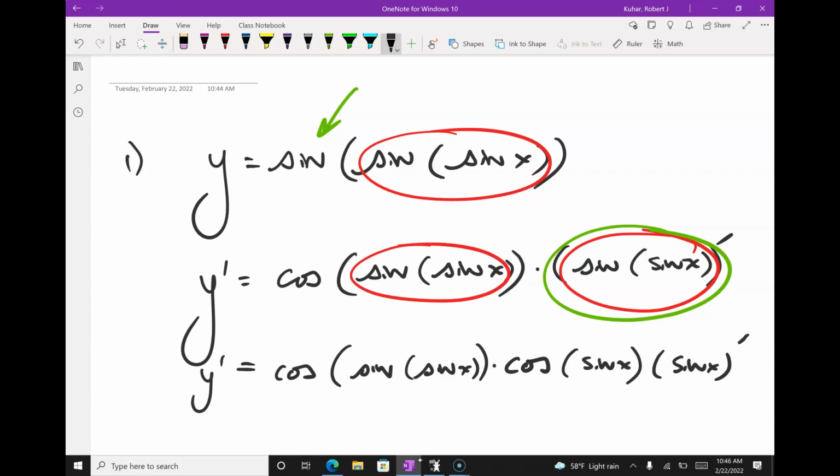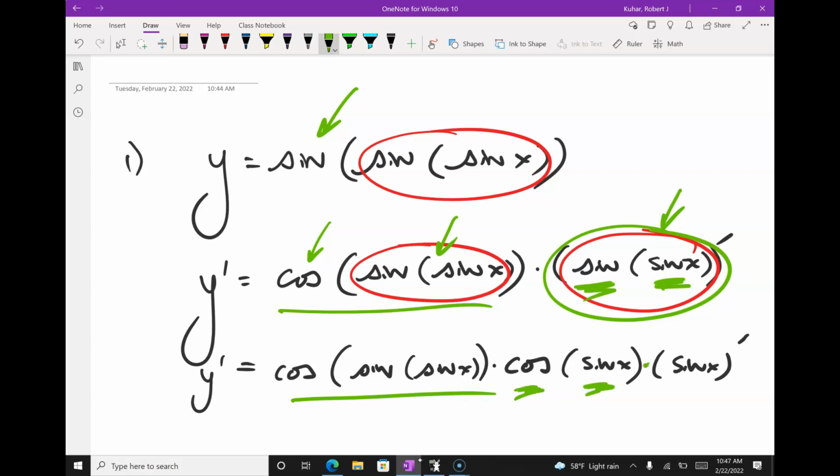The derivative of the outside is cosine, so there's my cosine, and there's my inside again, and then the inside derivative, which I haven't done yet. I put a placeholder there. So I still have this part in my answer, and now I'm doing the derivative of the inside. Derivative of sine is cosine, evaluated at the inside, times the derivative of the inside, which I haven't done yet.